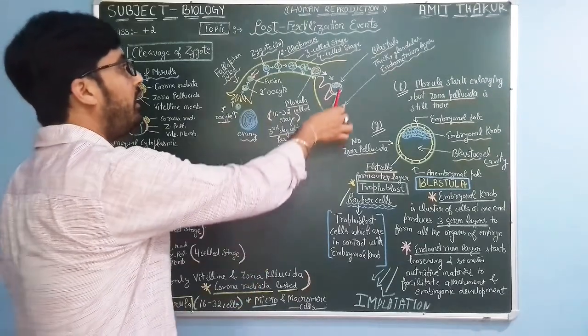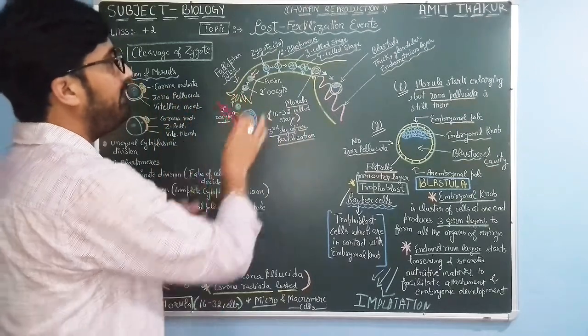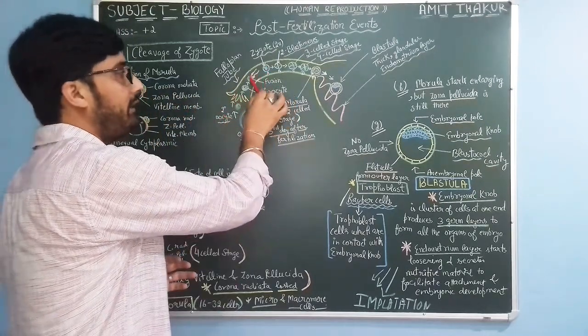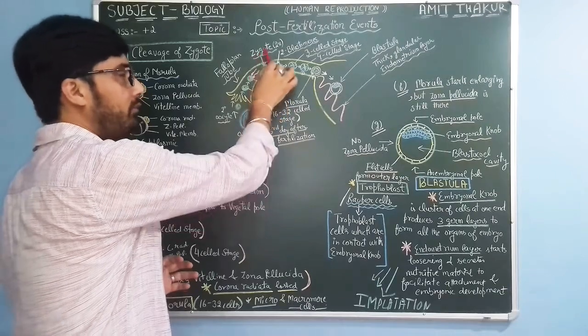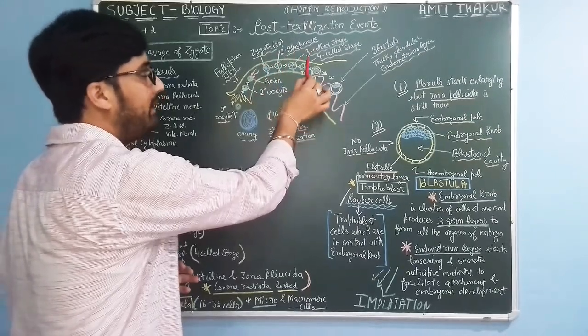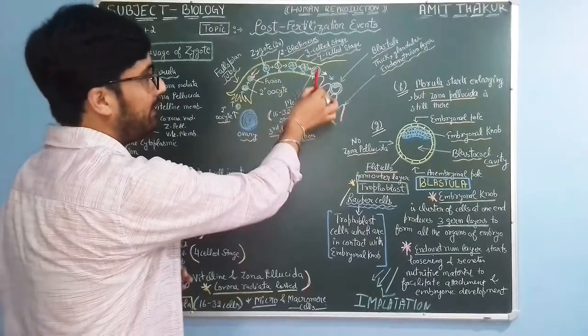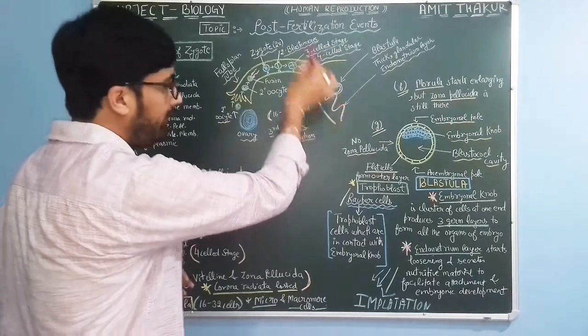So when we observe these events after fusion, there is the formation of zygote, 2 blastomeres, 3 cell stage, 4 cell stage, the morula stage of 16 to 32 cells, and then from the morula, the blastula stage.